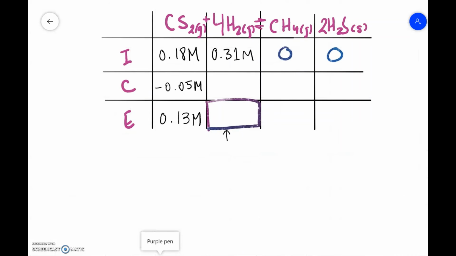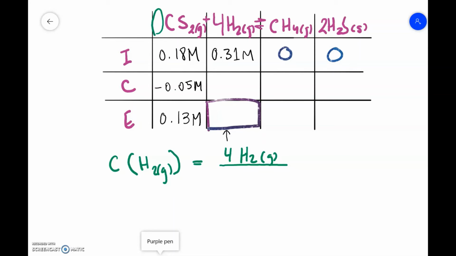To find the change, all we have to do is look at our mole ratio. We are trying to find the change of H2 gas, so we must have the 4 moles of H2 gas in our numerator, as this is what we want, the H2 specifically, divided by what we've been given.